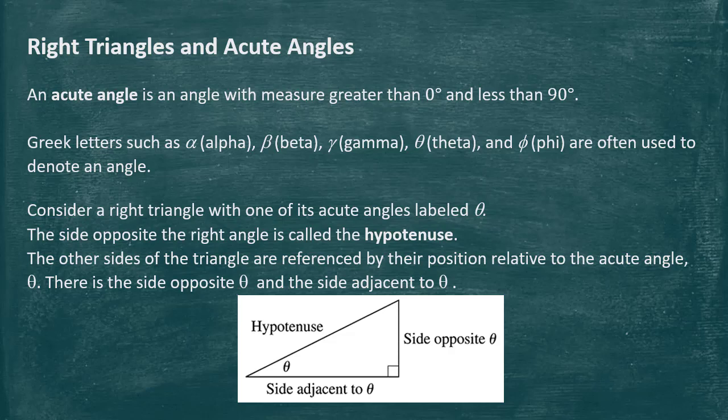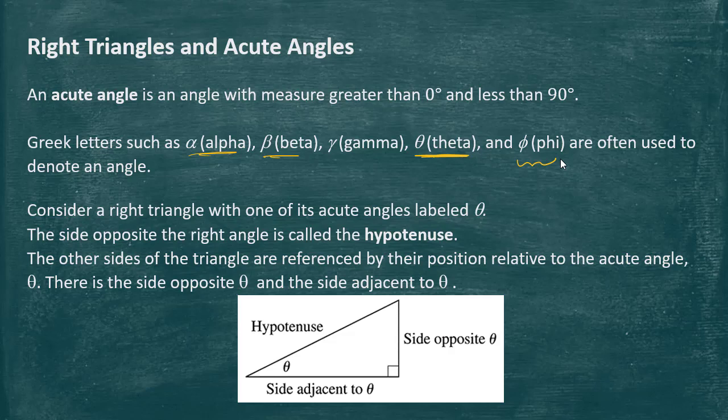It doesn't necessarily mean they always have to be used with Greek letters, but the most common ones are alpha, beta, and theta. Probably theta will be the one you see the most, but your book does like to throw phi in there every once in a while. Not that that matters a whole lot. It could just be A's, B's, and C's with capital letters if we really wanted to.